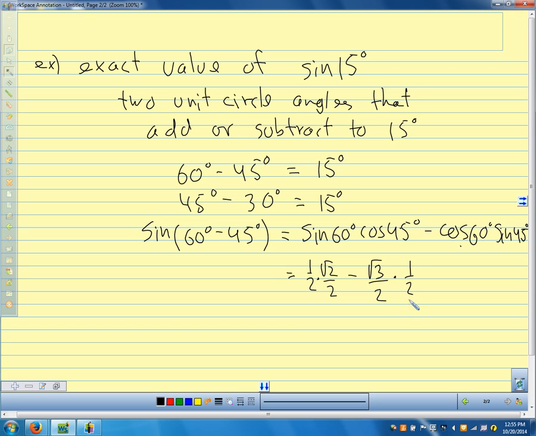Sine of 45 is, sorry, not 1/2, square root of 2 over 2. So this equals square root of 2 over 4 minus the square root of 6 over 4. And I could write that as square root of 2 minus the square root of 6 over 4.